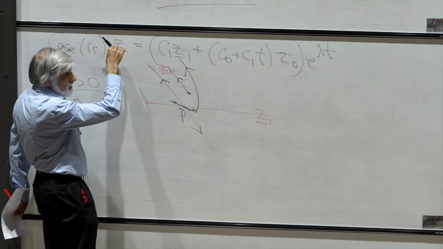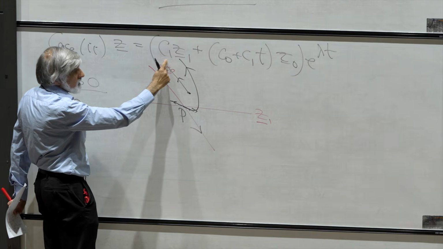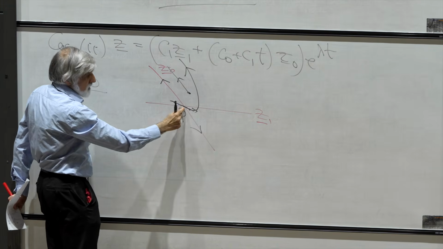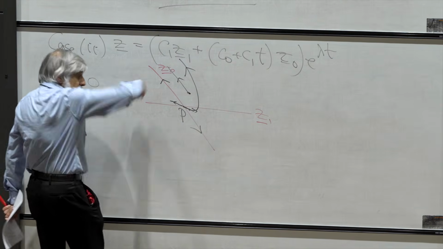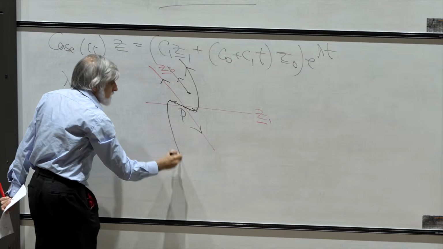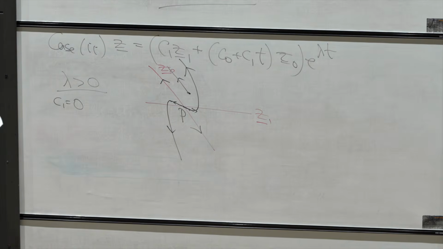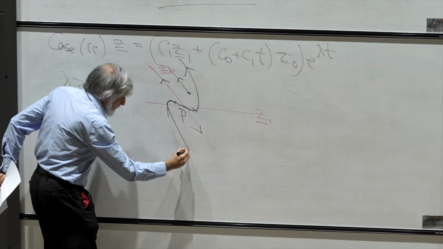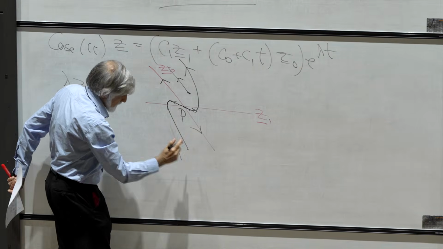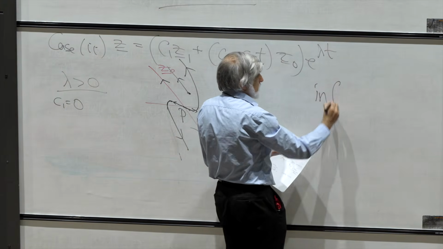Do I go up like this? Well, no, because C1 is negative. So that's negative. So I come down like that, going like this towards this one. Okay? So that's called an inflected node.